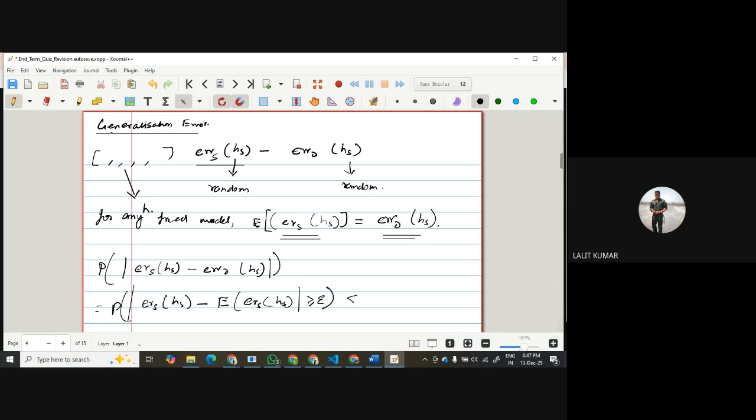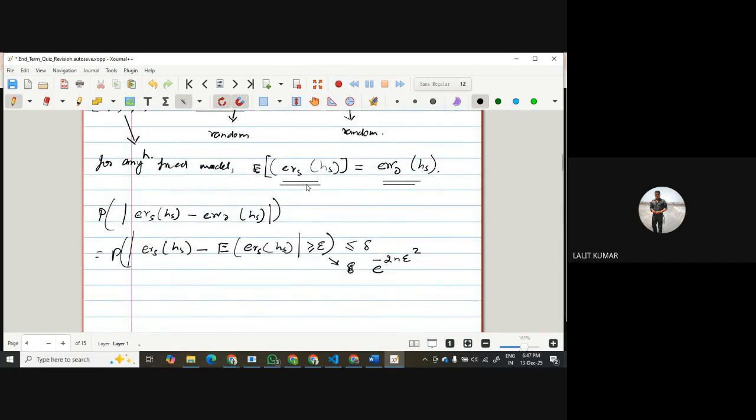We know by Hoeffding's inequality that this becomes less than e to the power minus 2n epsilon square. Is this okay with everyone? Surupi, could you just go over this last part again?